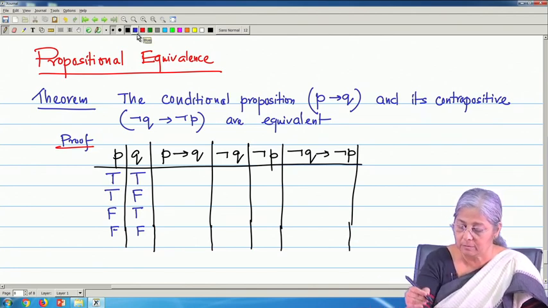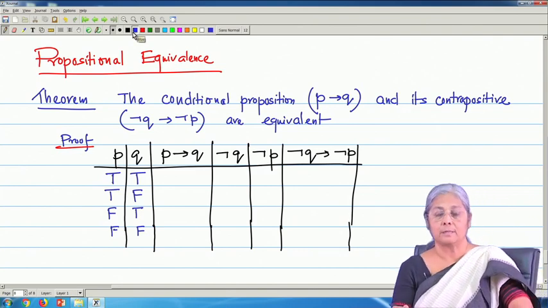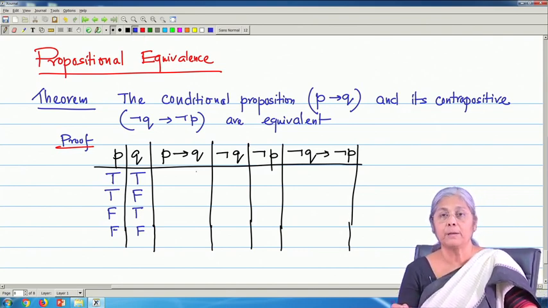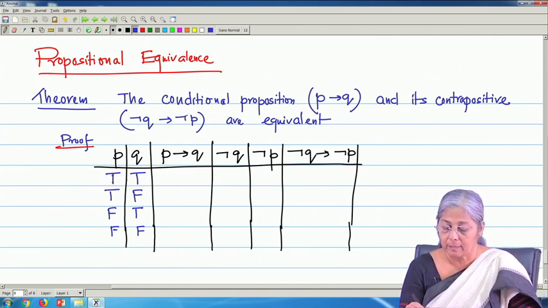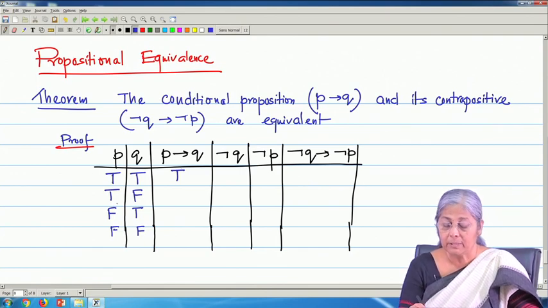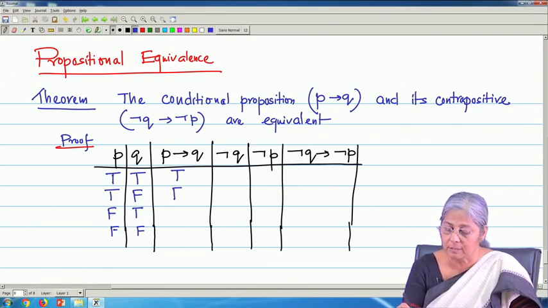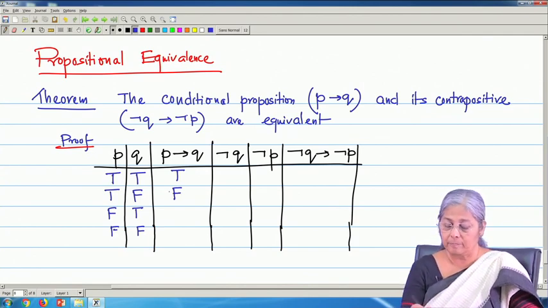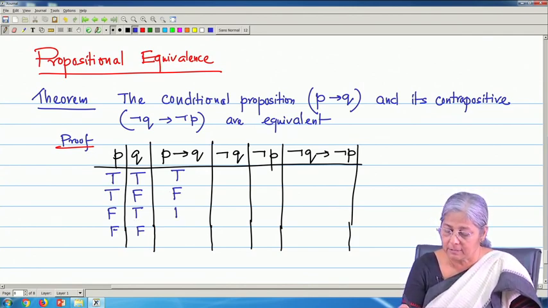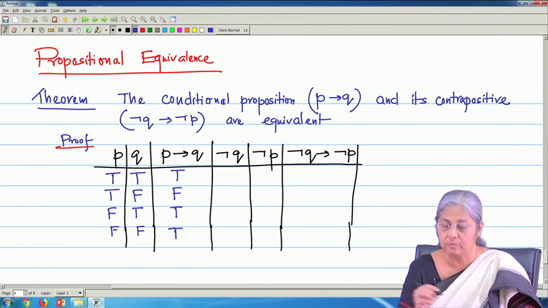If we remember, we read in the last class what P implies Q is. If P and Q both are true, this is true, but true implies false we have taken as a false result. Remaining cases are true.